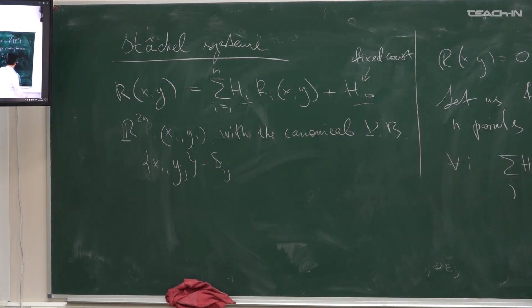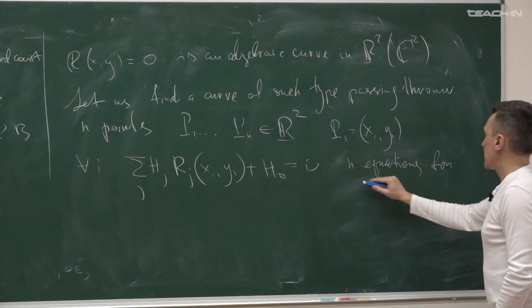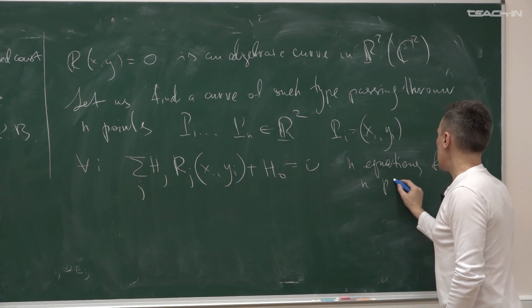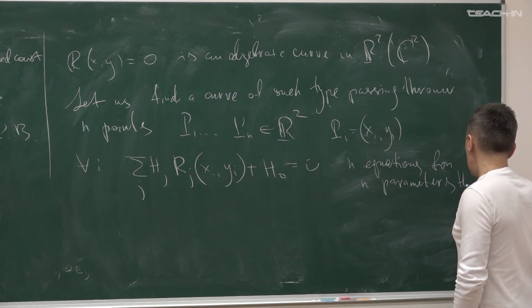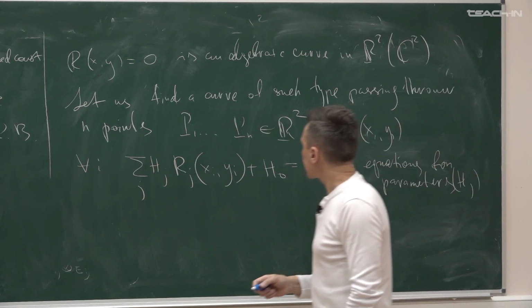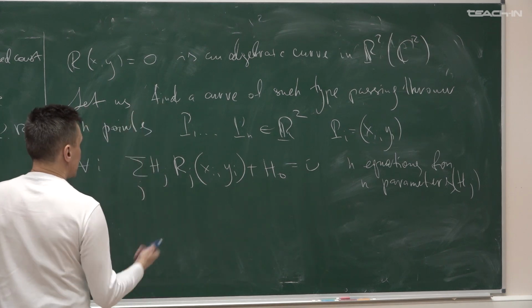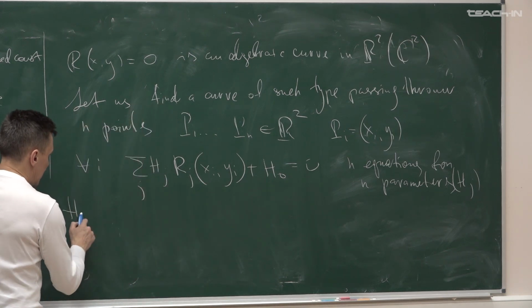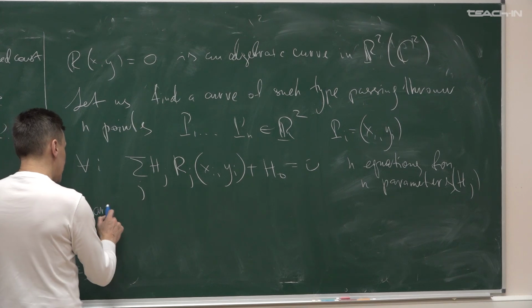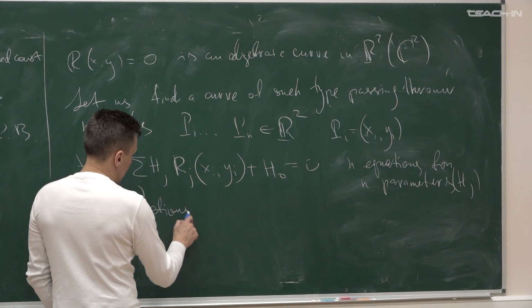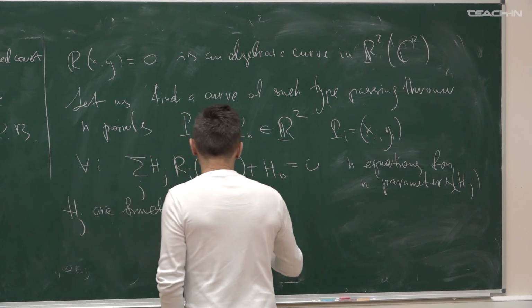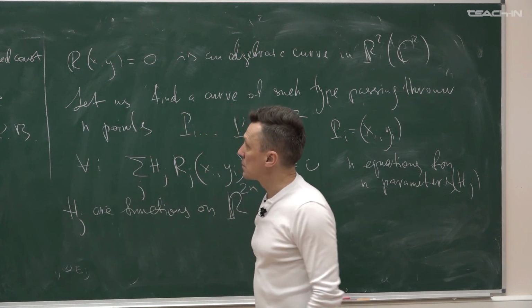It means that the h_j are functions on R^2n.